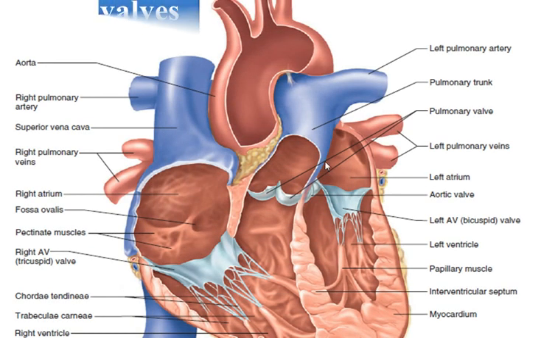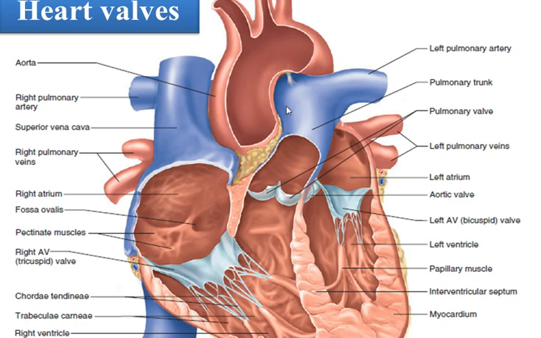Now here we speak about the heart valves, and we have 4 valves that separate between the chambers, and between the chamber and the main artery. The first one separates between the left atrium and left ventricle.